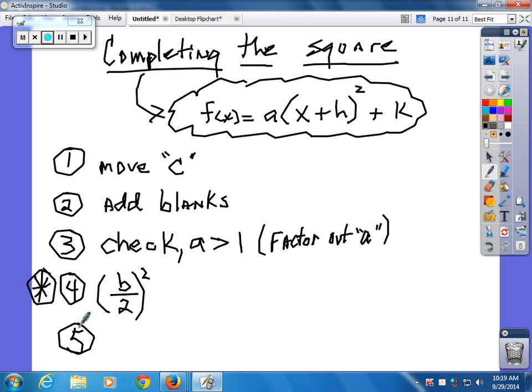By using completing the square, the left-hand side will always be shortcut number 1 or number what? 2. And then you can factor.